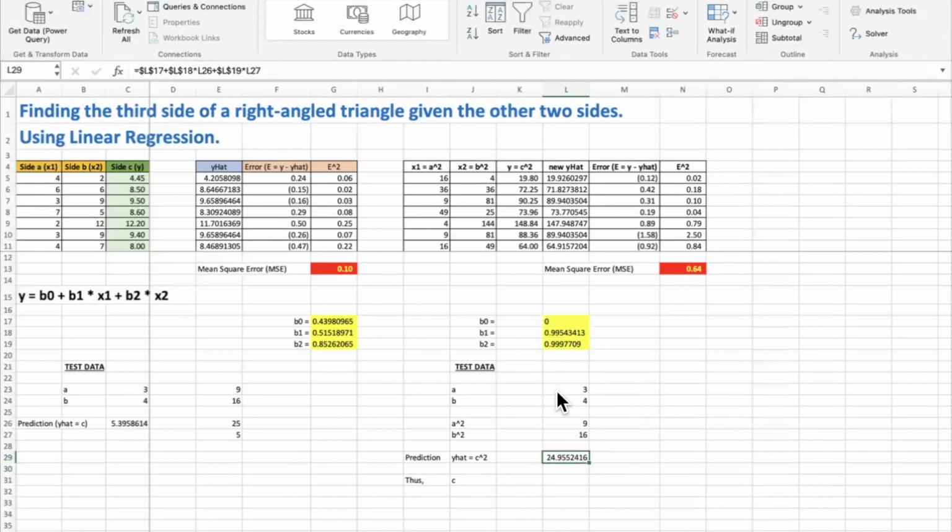So we got some data. This is c square, mind you. So we have to find c by taking a square root of this number. So we get 4.995, which is pretty close to 5. So you see how linear regression works and how machines learn to do linear regression.